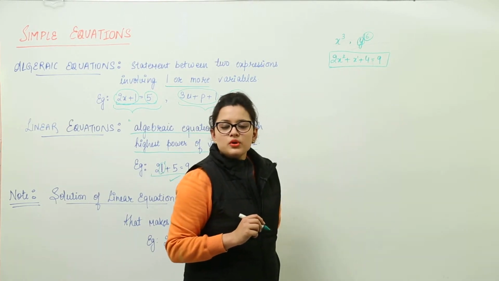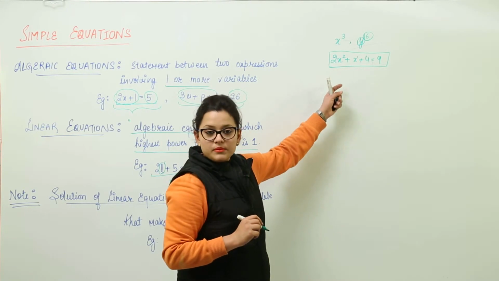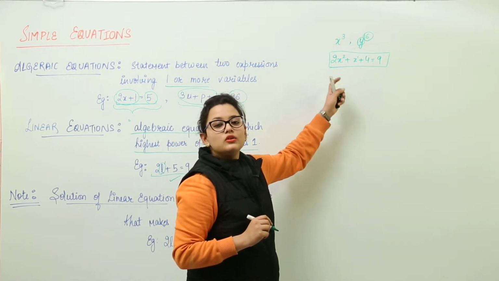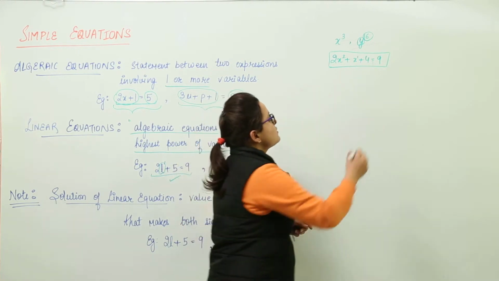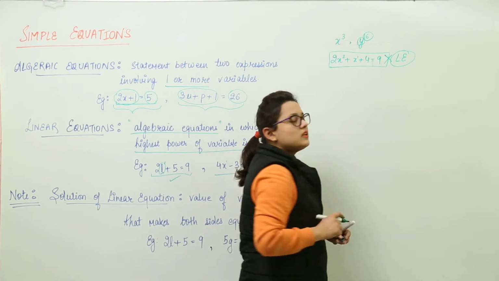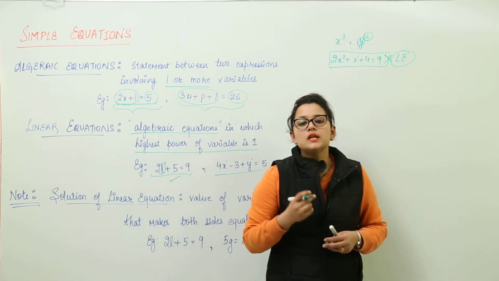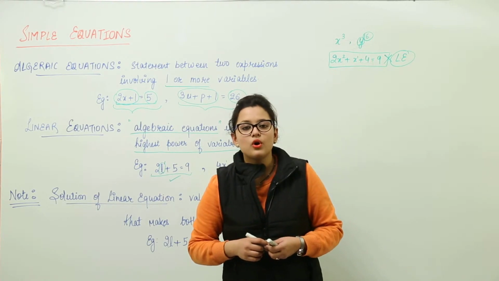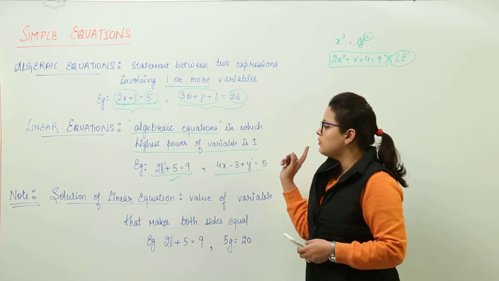Highest power is 2. That means if the algebraic equation has a variable with the highest power not equal to 1, that is not a linear equation. Why? Because here the highest power of the variable is not 1. So this is not a linear equation.